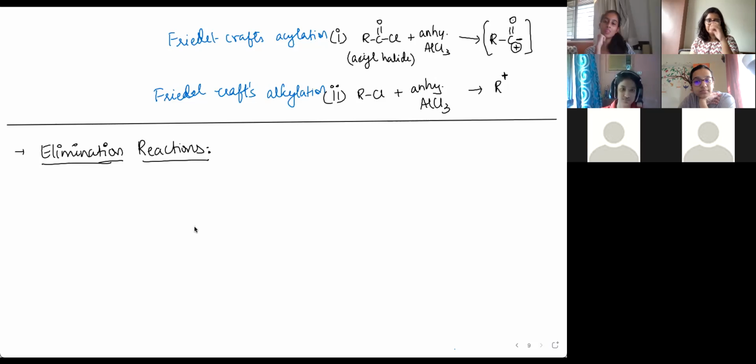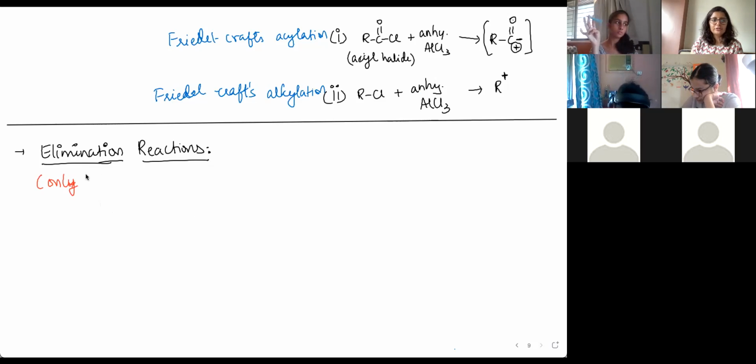Okay, so if you're doing elimination for alcohols, water is the one being removed, OH and H. Here we're talking about properties of haloalkanes, so the small molecule that is removed will be HCl, HBr, whatever. Again, an important note about elimination reactions: arenes will not undergo this.